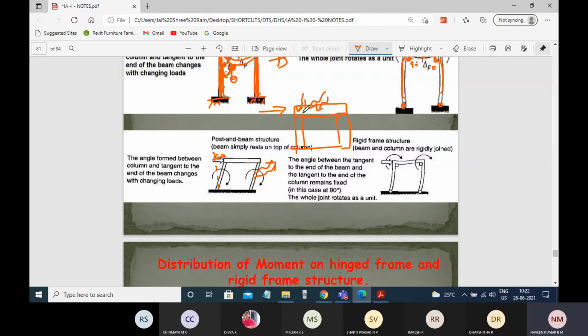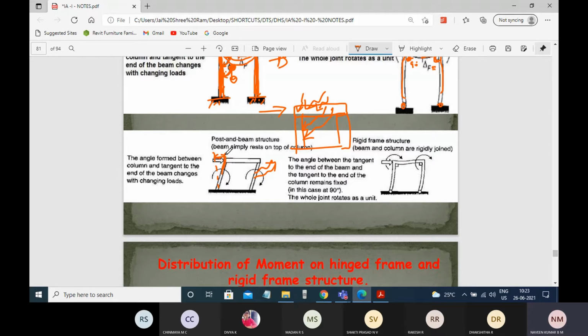Here the beams are just placed above the columns. This is not the usual procedure of construction. The usual procedure is that beams and columns are monolithically cast, not cast separately.